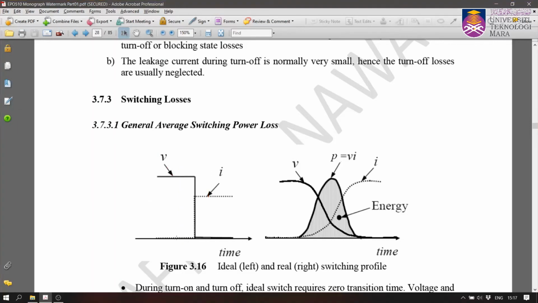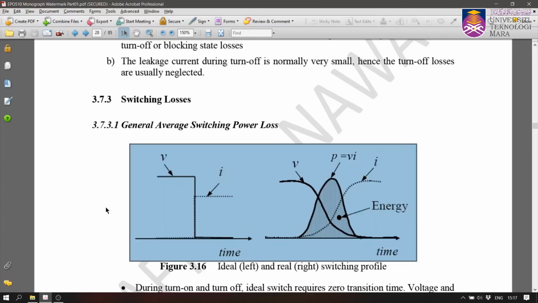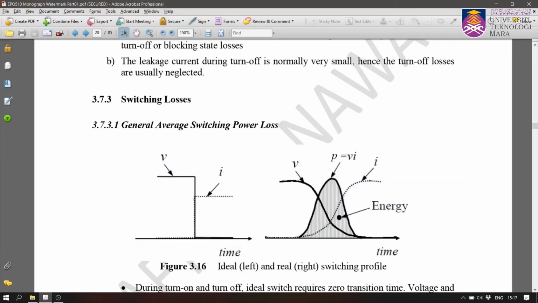The current starts from zero and jumps to the circuit current I. Ideally, there is no overlap of voltage and current, because it happens instantaneously: a step change of voltage from the off voltage to zero, and a current from zero to the circuit current I. So there is no overlap.